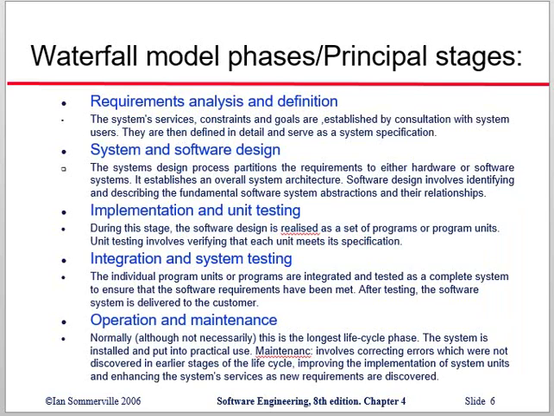Here are the phases of the waterfall model that we have already discussed in the diagram. First one is the requirement, which means what the user wants. Then the system design, then the designing of the system. Implementation and unit testing is in the testing section. Unit testing is the small testing parts of the software. And lastly, the system testing in the integration.